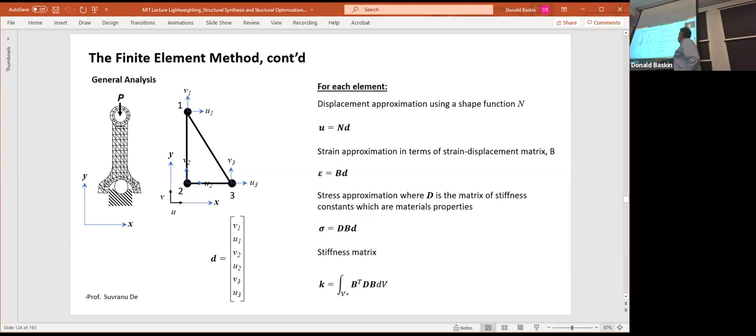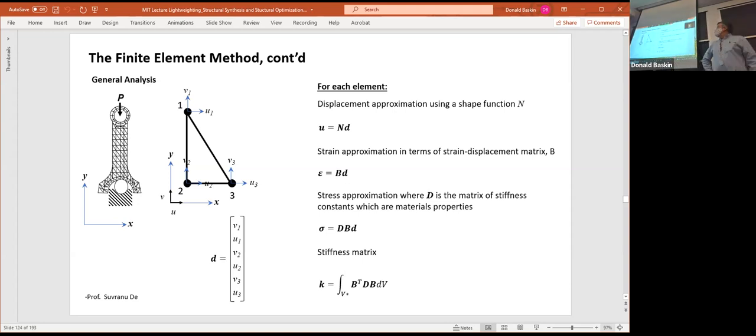So I'm going to try. You have this element right here. Okay, it's got three nodes. For this element, you can think of a displacement at each of those three nodes, which is equal to this little lowercase u, which is N, like a shape function, times the vector d, which is all those displacements shoved into a vertical matrix.